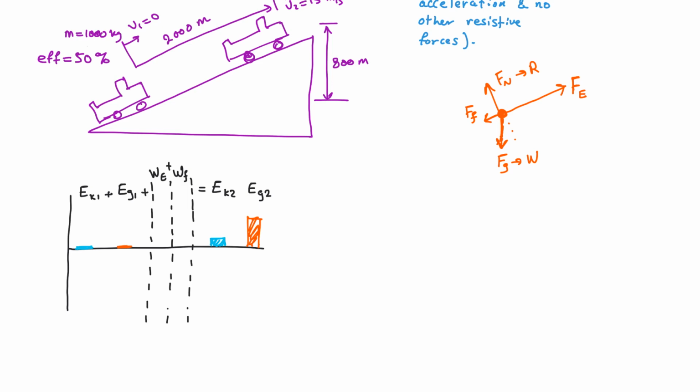So we have to draw that as well. I'm going to use red for this one, and that's going to be a small kinetic energy being reduced due to friction of the car as it's traveling upwards.